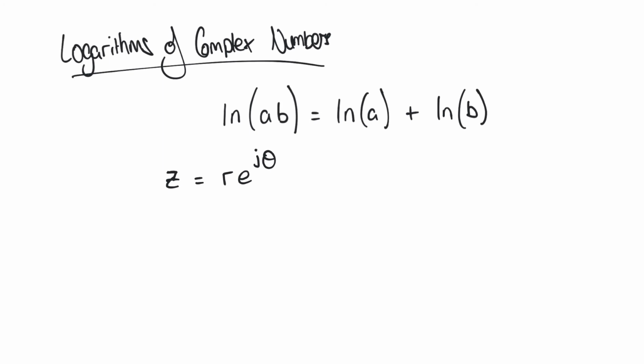Let's suppose we take a logarithm of both sides. We want to find the natural logarithm ln of this complex number z, so we take ln of both sides, giving ln of r e to the j theta.